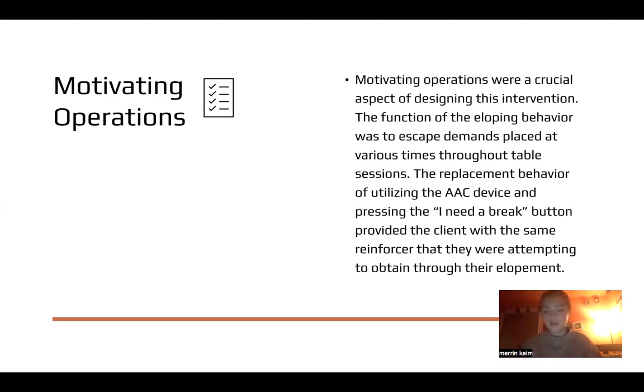So the client being able to use the AAC device, the "I need a break" button, and being able to receive that break and that reinforcement allowed them to use the appropriate response and move away from the eloping behavior, as they were receiving the same outcomes from both behaviors. So they were able to use the appropriate behavior and still get the break that they desired. Motivating operations were focused upon heavily in the designing and implementation of this intervention.